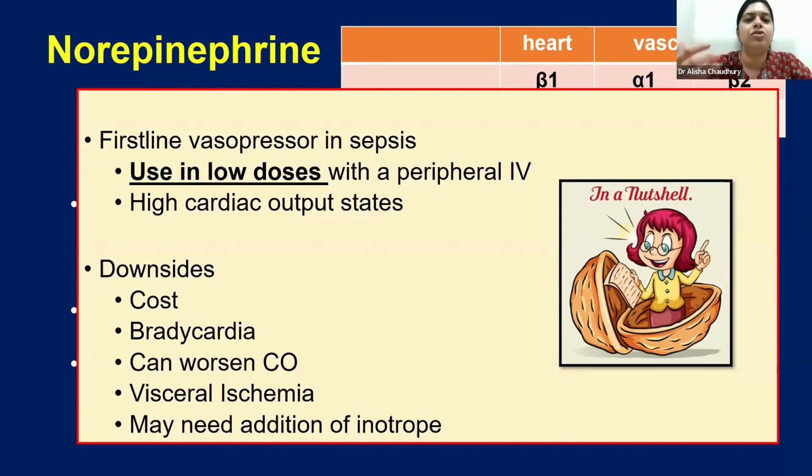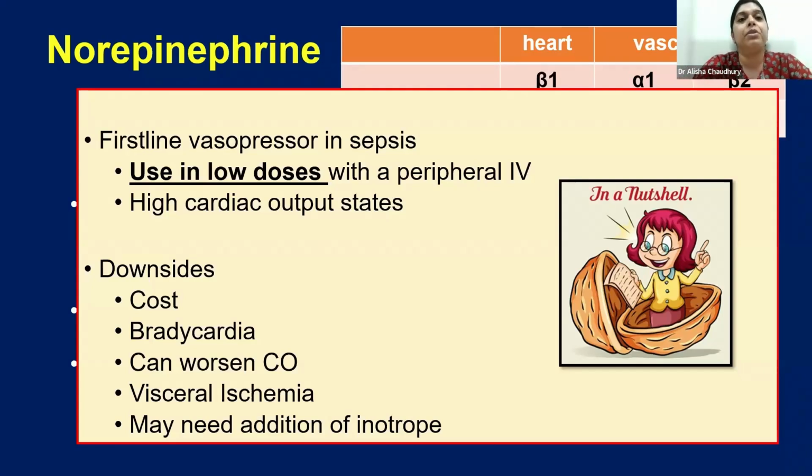That gives a message to your baroreceptors that blood pressure has gone up. Now we should control the heart. So the heart rests for some time, and suddenly you notice a bradycardia. But over some period of time, you will notice again a minimal increase in heart rate. So this bradycardia will be very transient initially, as the body's response to the sudden increase in blood pressure when you have started NORAD.